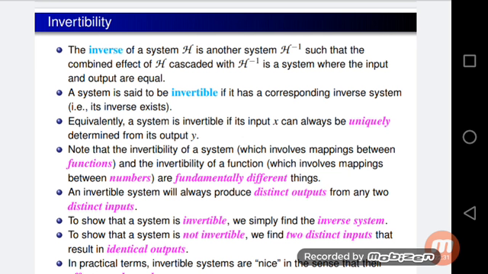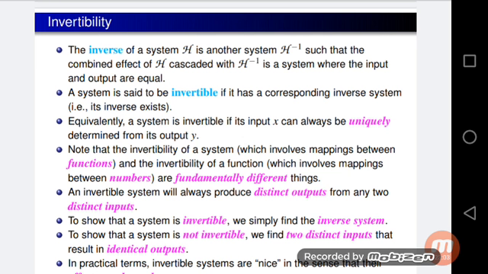They perform the reverse operation of general systems. A system is said to be invertible if it has a corresponding inverse system.